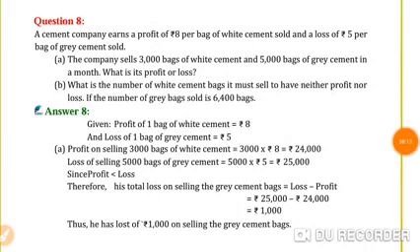Here the 8th question. A cement company earns a profit of 8 rupees per bag, for one bag, when white cement is sold, and loses 5 rupees per bag when grey cement is sold.